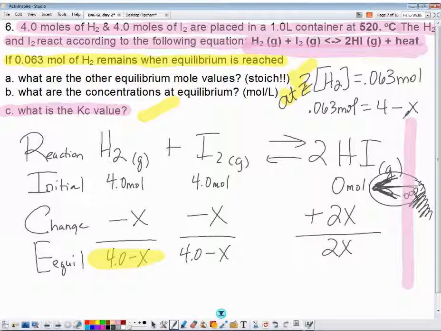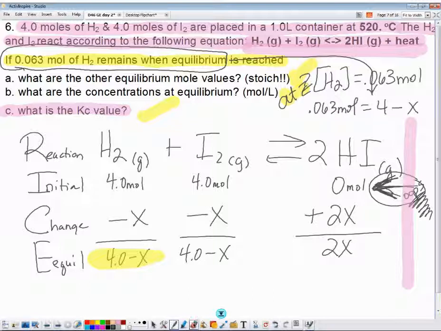The first sentence, I created an ice chart. I read on to discover the amount of H2 at equilibrium, which ultimately allowed me to find X. At equilibrium, it's my best attempt for a double arrow.